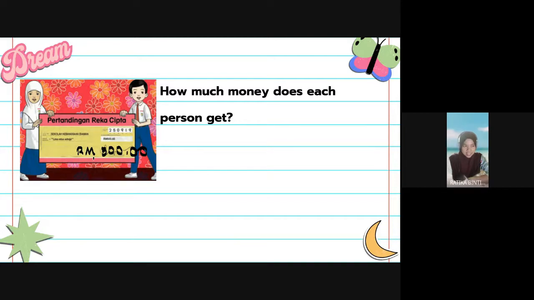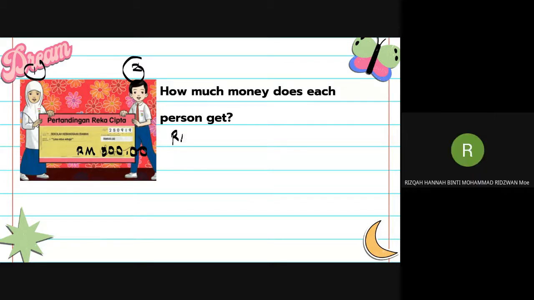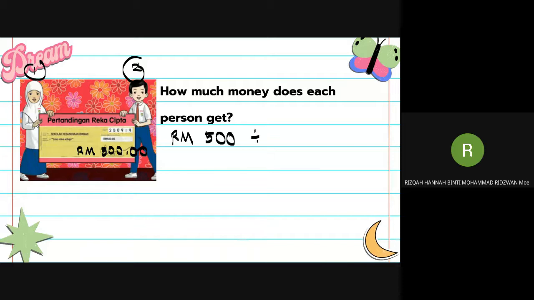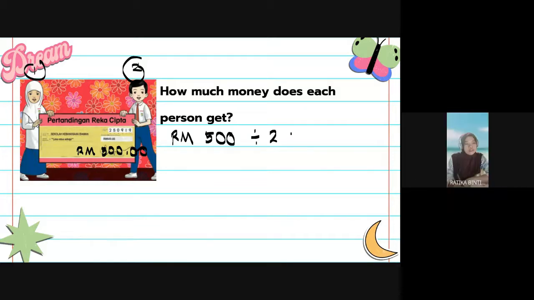They need to share 500 ringgit between how many people? 2. So what is the number sentence? Can someone please tell me what is the number sentence? 500 ringgit divided by 2. So how to solve it? Solve lah by using normal form ka atau fence method.